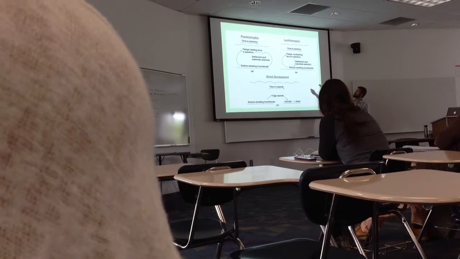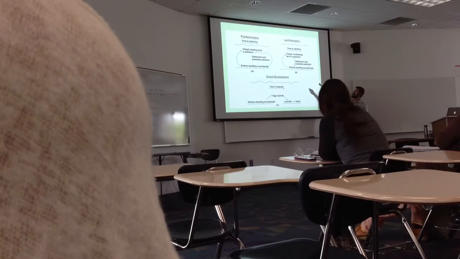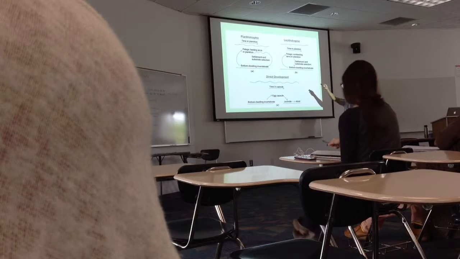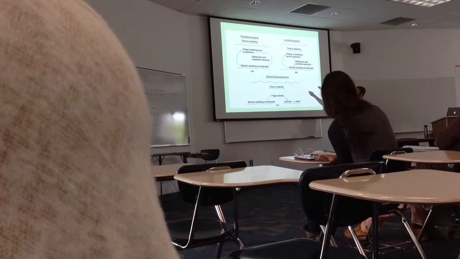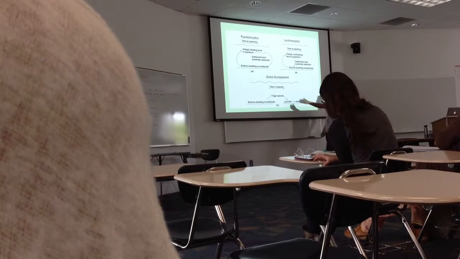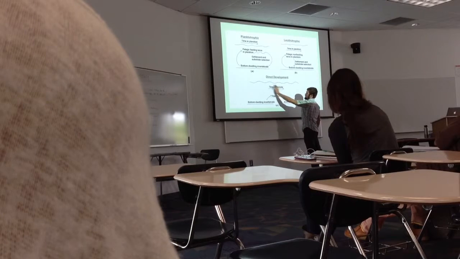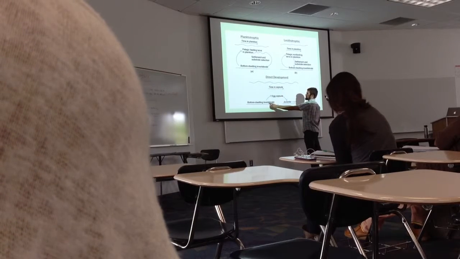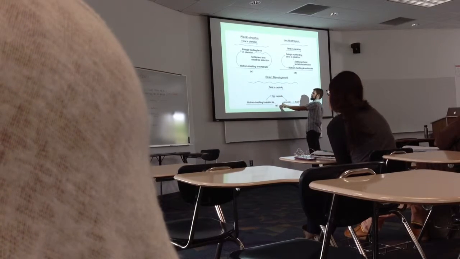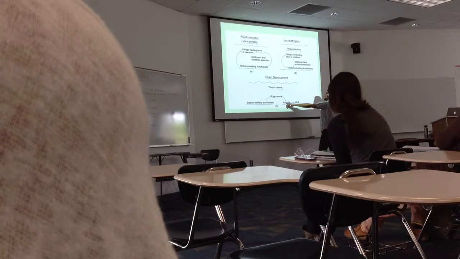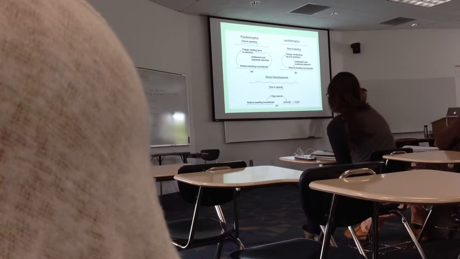Your lecithotrophic larvae spend a much shorter time up in the plankton, not feeding, just developing before they settle back to the substrate. And your direct development larvae spend no time up here in the plankton. They are just laid or hatched from the mother directly as juveniles before they turn into adults.